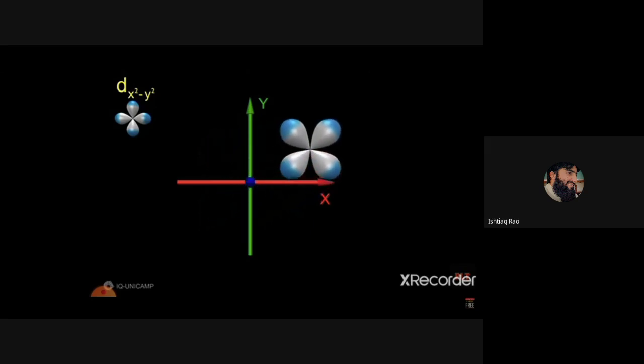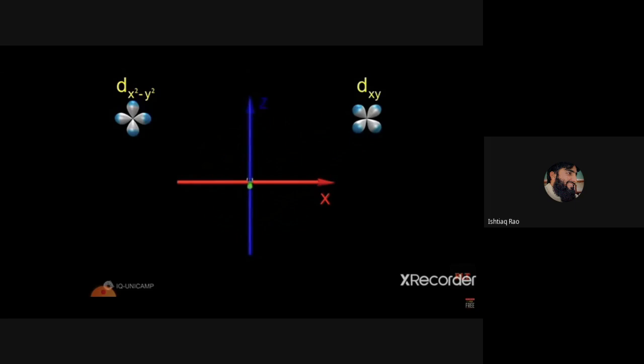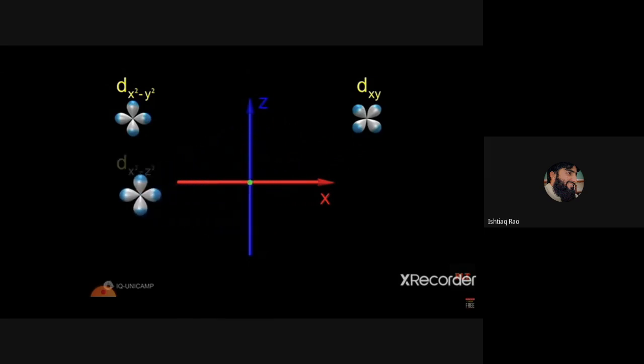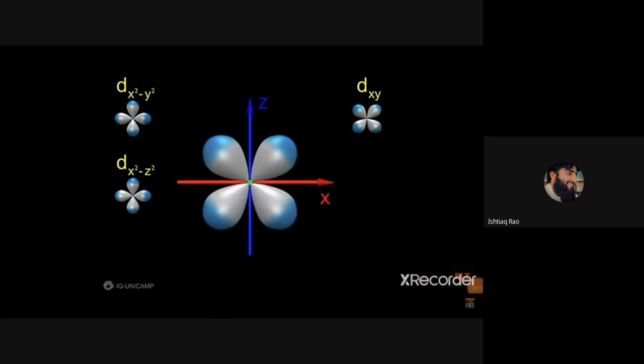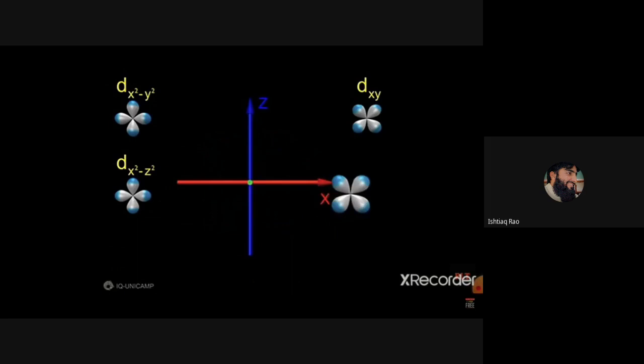Then we have one that forms between x and y, so that's why it is called xy. And then this is the orbital which is on the axis, not between. So this is called x square z square. And this is in between, also called dzx or dxz. It's between the two axes.